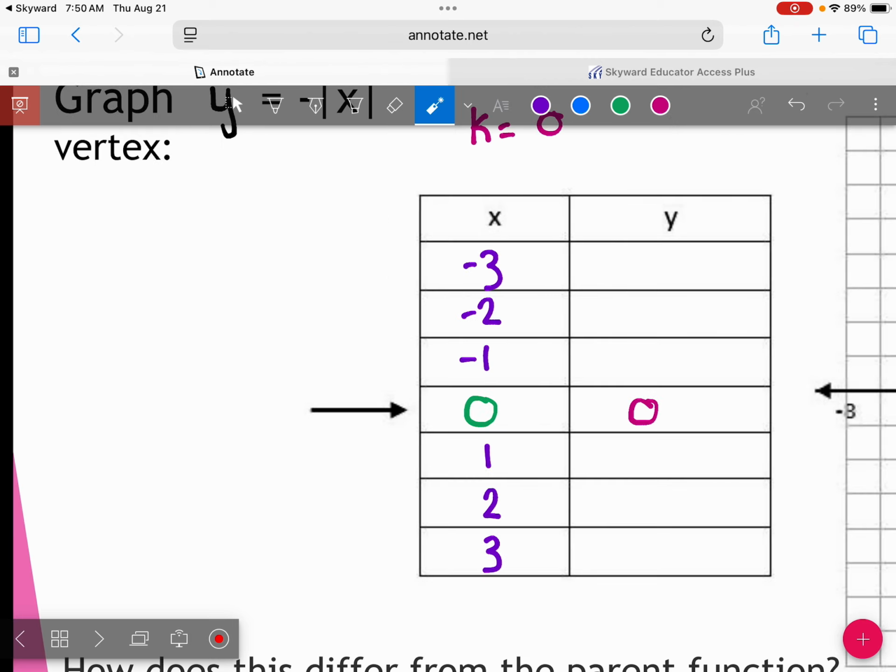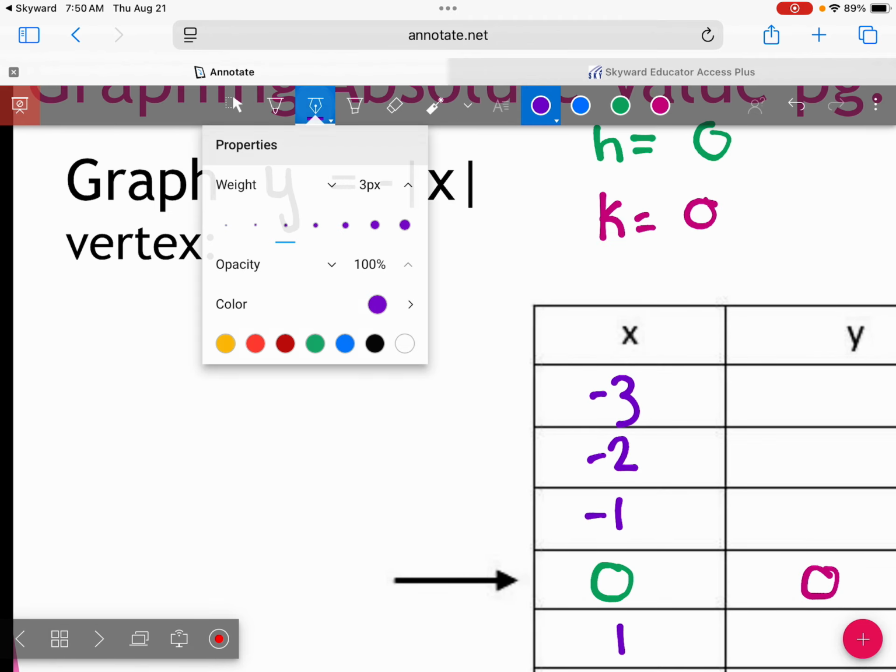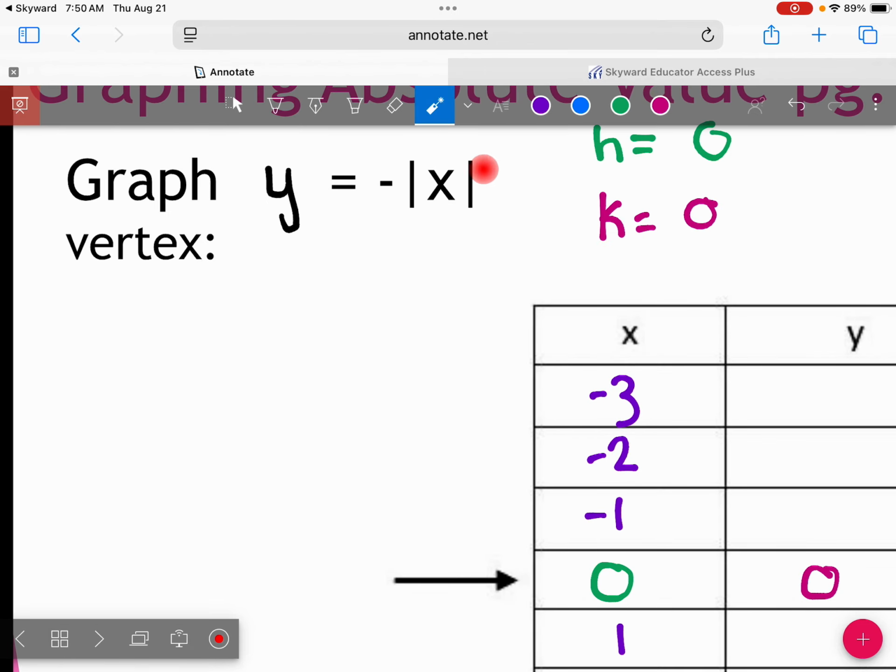So then we need to be really careful. Because when we're thinking about our values that we're taking the absolute value of, we're going to take the negative absolute value of -3. Order of operations says I deal with the absolute value before I deal with the negative.